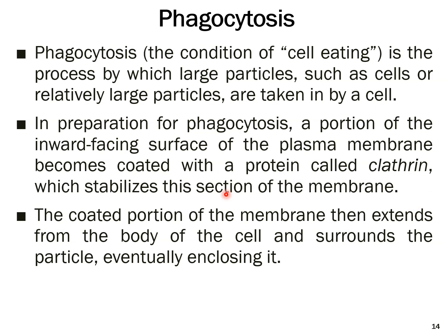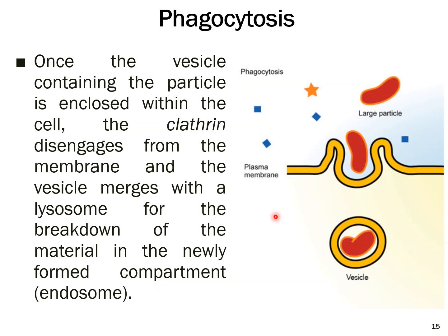That protein stabilizes this section of the membrane so that it does not burst or get ruptured. The coated portion of the membrane then extends from the body of the cell and surrounds the particle, eventually enclosing it. Here you will see the invagination I was talking about.